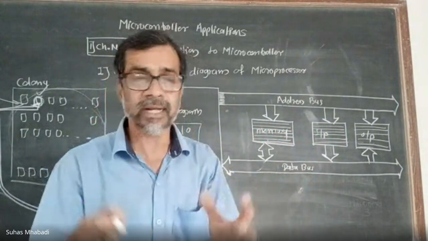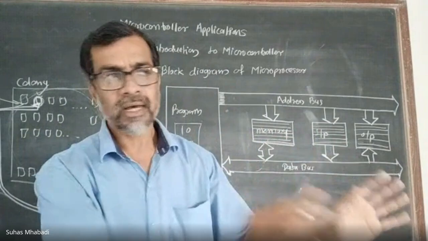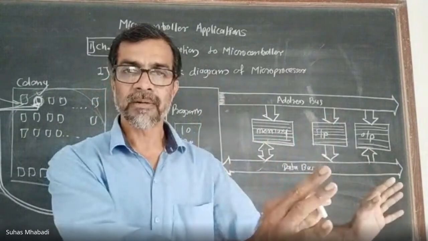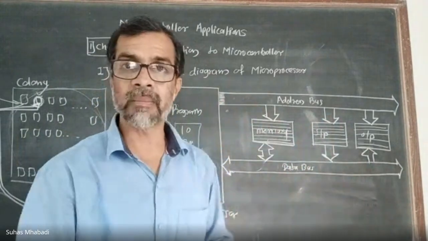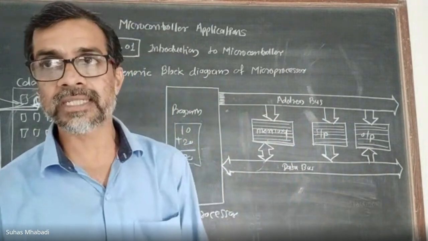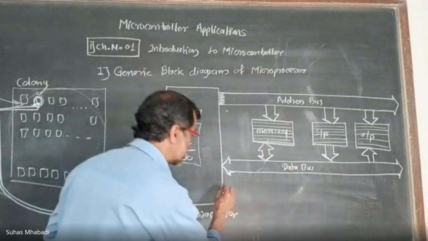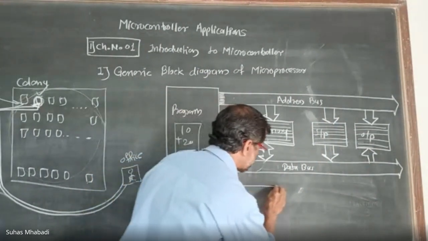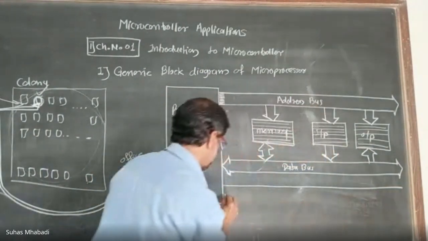Hardware wise everything is present and fine, but it is not accessible. To enable that place, to make it activated, we require one more bus. The bus is called the control bus. So this is one more bus. Let me draw it here.